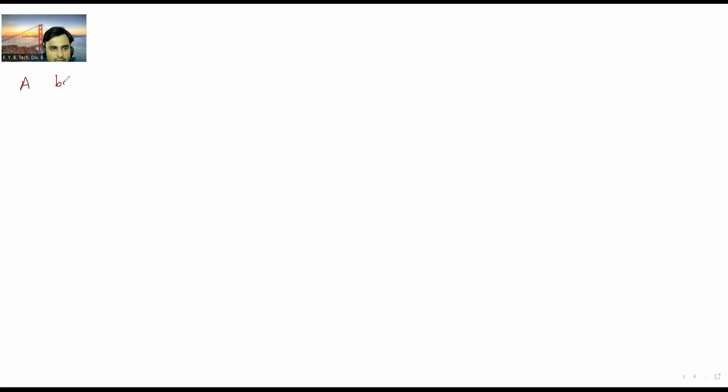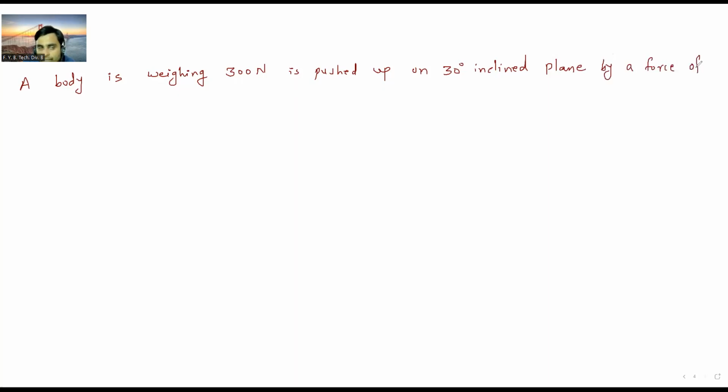A body weighing 300 Newton is pushed up on a 30 degree inclined plane by a force of 400 Newton, acting parallel to the plane.